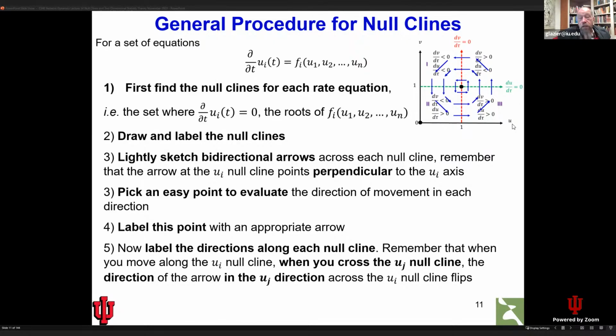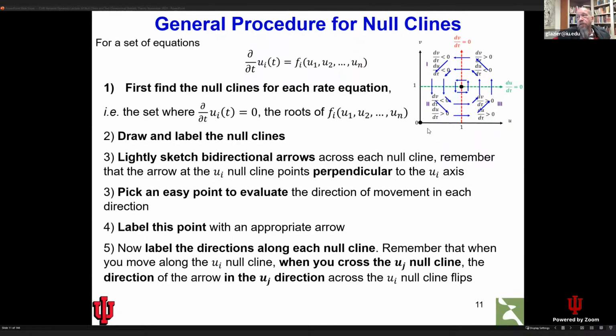They're perpendicular to the axis. We'll see in a few minutes that that makes a difference. Sometimes it makes it rather hard to draw. Okay, and then we have to find one spot, any one point, anywhere in our world where we can evaluate the direction of movement.